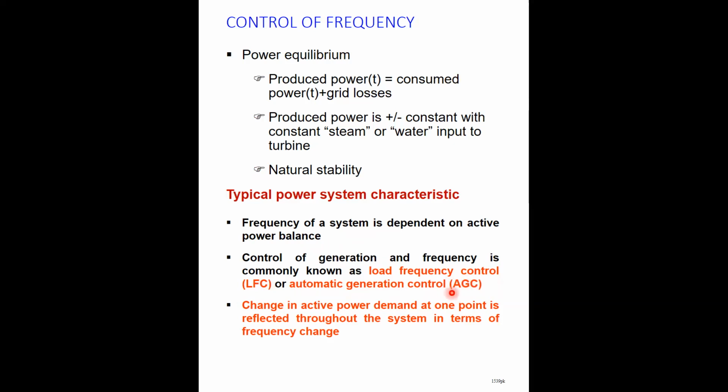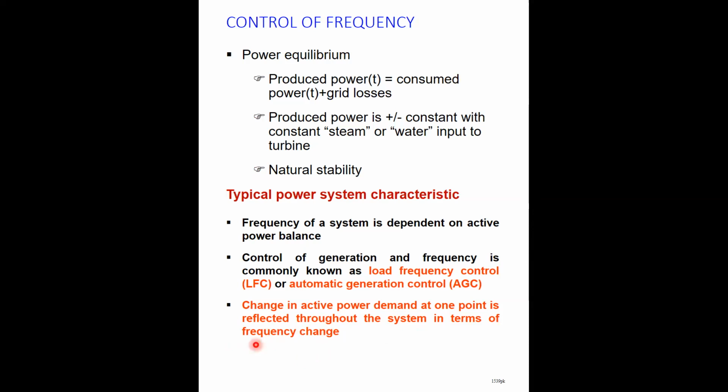Now, a change in the active power demand, as I said, will be reflected throughout the system. That means a mismatch between the generation and the demand you always get in the form of frequency deviation.